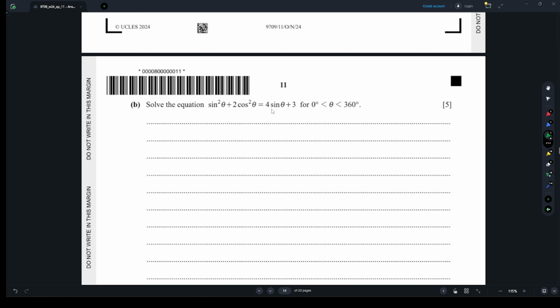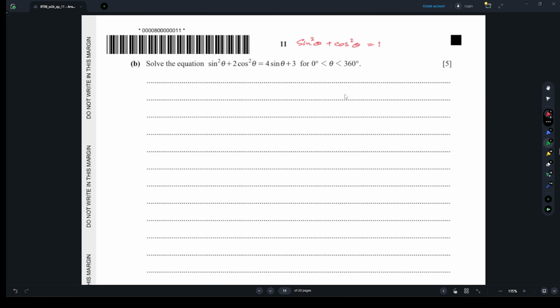How can we write cos square theta in terms of sine? You should remember that sine square theta plus cos square theta equals 1. From this you can find cos square theta, which is 1 minus sine square theta. So you can substitute that.